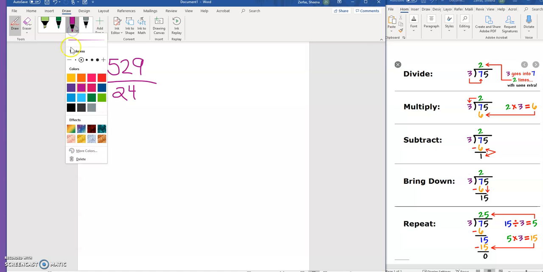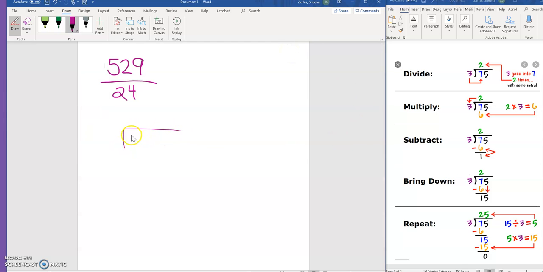Okay, we're going to follow the same exact procedure, except when we're doing double digits, you want to list out your multiples first to kind of guide you through the problem. So what I like to start with is listing out 24 multiples, because these are larger than the ones we have memorized. Okay, so I would multiply out 24.